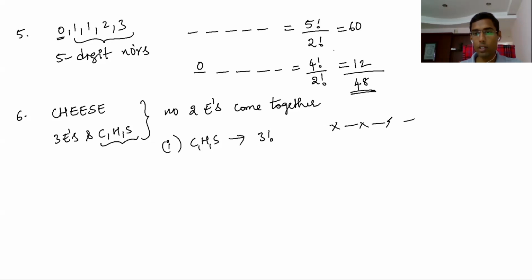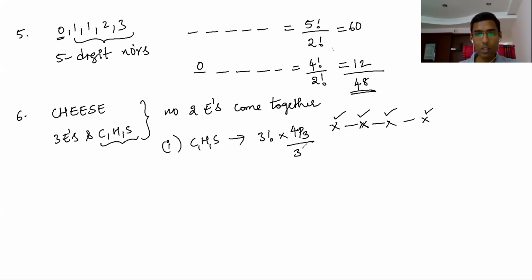How many blanks are you left with? In between you have 2, and this last, so 4 blanks. In 4 blanks, 3 E's you have to arrange. How many ways can you arrange? Generally, these 4 places you can arrange in 4P3 ways, but these 3 E's are identical.